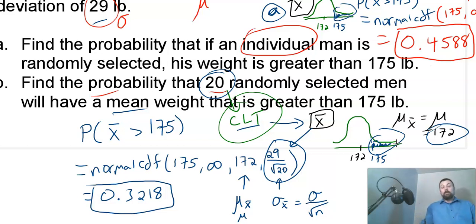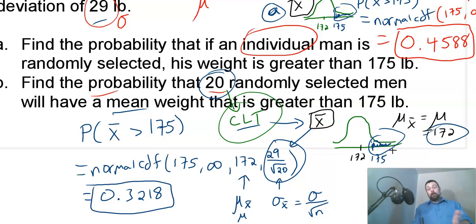So going further out into these extremes, to the left tail or the right tail, when you're dealing with sample means, the probabilities drop really fast. So if we went out to like 180, this might still be something like 40%. It'll be pretty high, but here I bet it would drop down to like 10% or something like that.